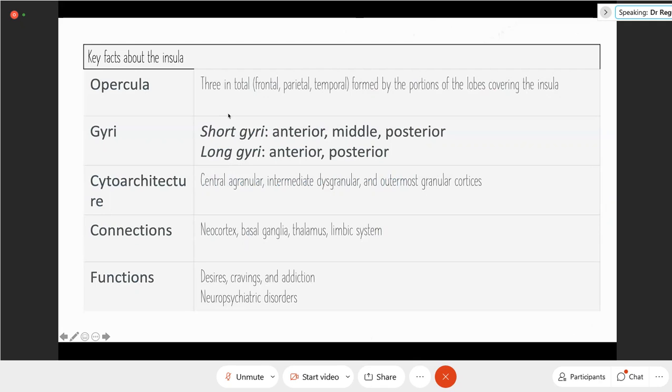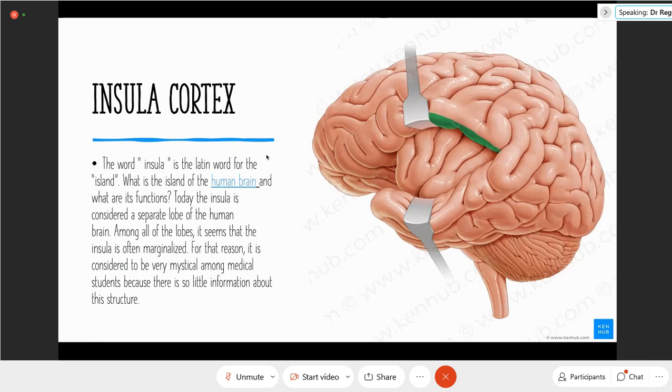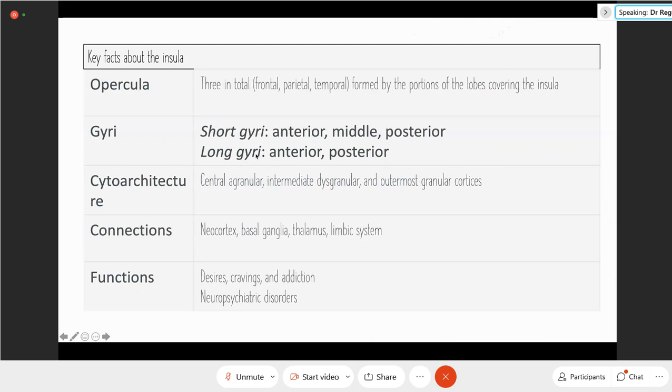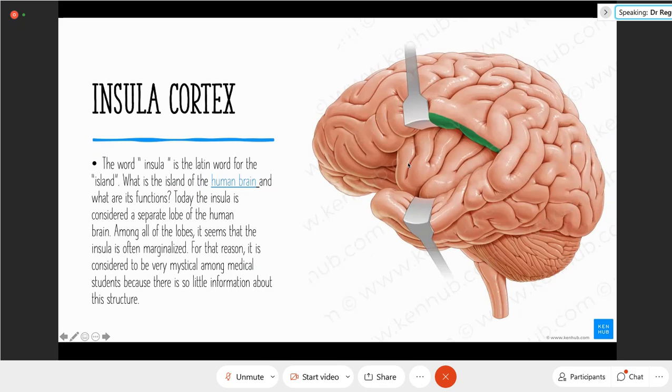It consists of a central sulcus which divides it into anterior and posterior lobes. In the anterior lobe, you have the short gyri, anterior, medial, and posterior gyri, and you have the long anterior and posterior gyri.